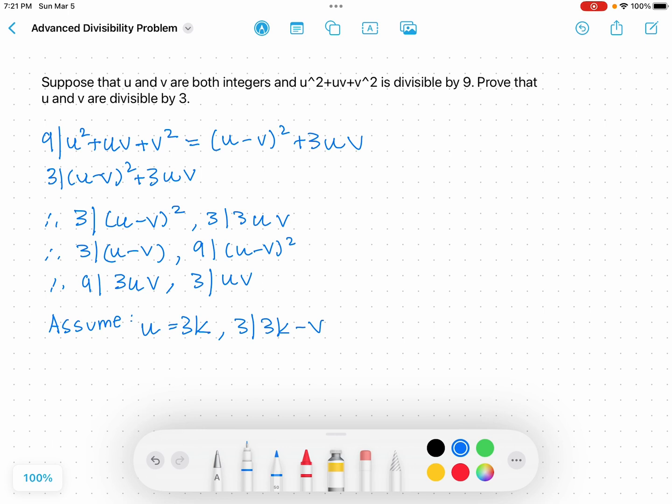And since 3k is a multiple of 3, we can get that 3 is a factor of v. Similarly, we can then get that 3 is going to be a factor of u. And this is how we complete the proof.